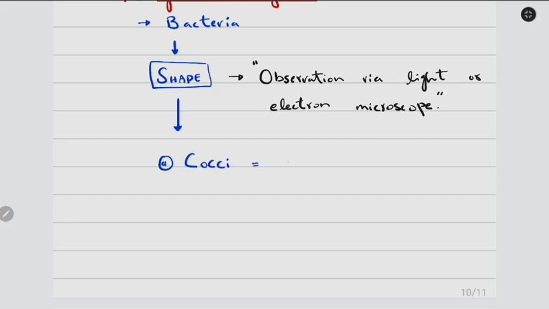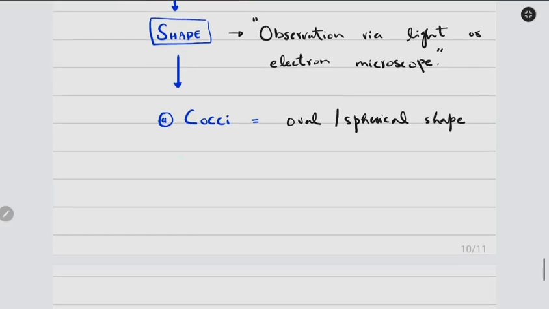Now the major shapes are: number one, the cocci bacteria, singular coccus. They are basically the oval or spherical bacteria. Another famous shape is the bacilli, singular bacillus, the rod-shaped bacteria.